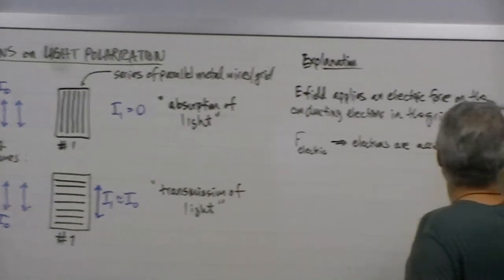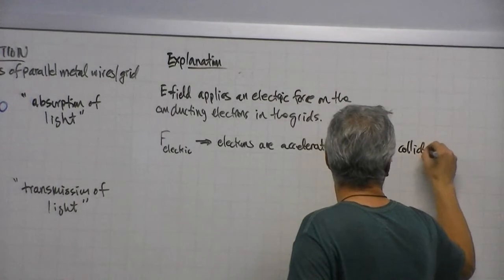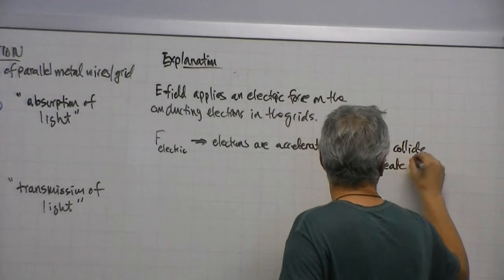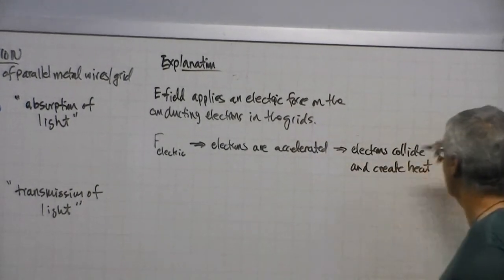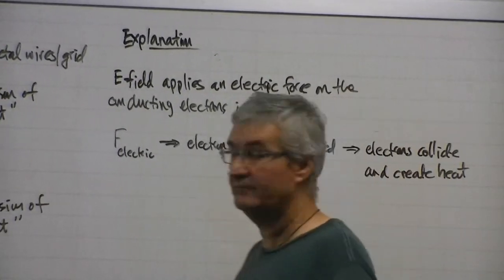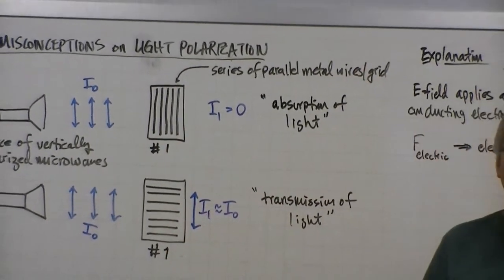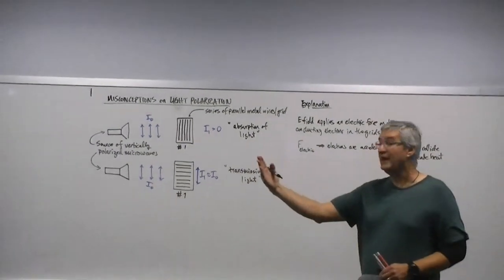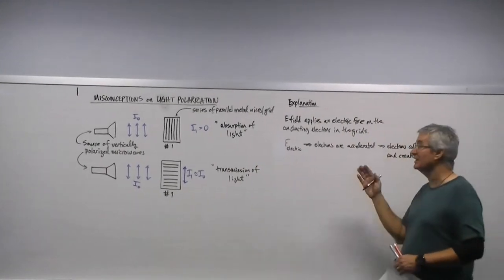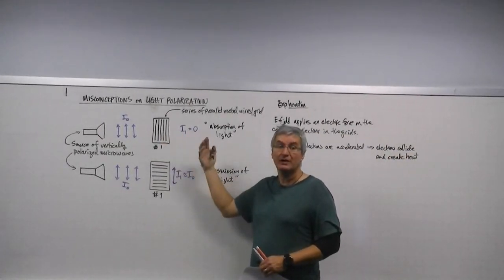So the electrons collide and create heat. As the electrons collide and create heat, the light energy turns into heat energy, and therefore the wave that was coming through gets absorbed by the polarizer. In other words, the light energy is converted into heat energy, so there's no more light coming through.